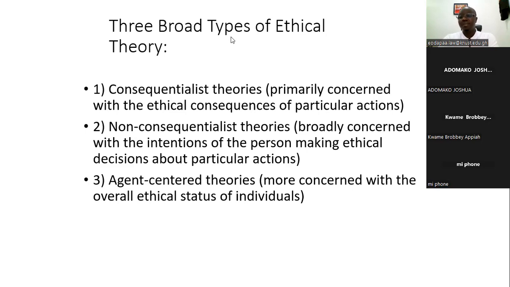So it's not so much about the expected outcome, but the mindset with which the person is embarking upon that course of action. Then we also have what we call the agent-centered theories, which are concerned with the overall ethical status of individuals, as it were. We'll say a few more words about each of them in the course of this delivery.